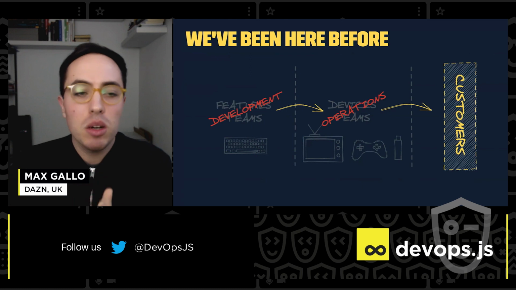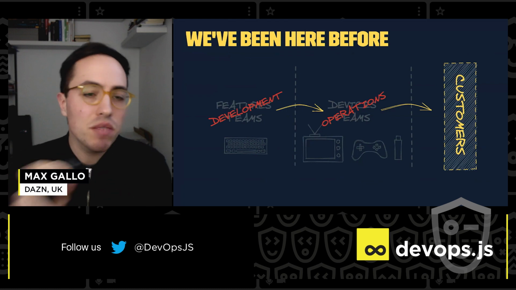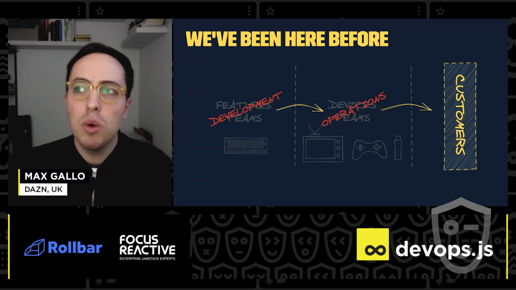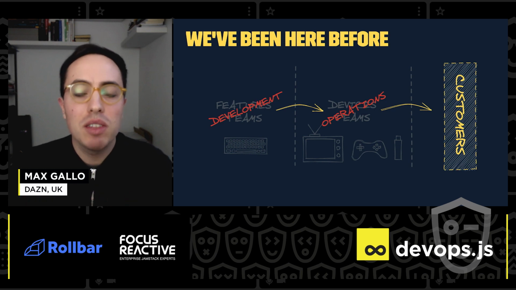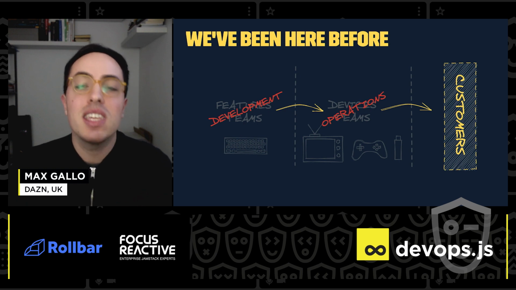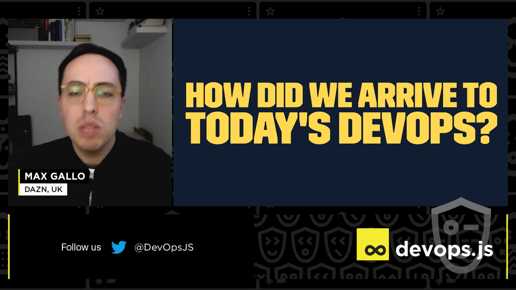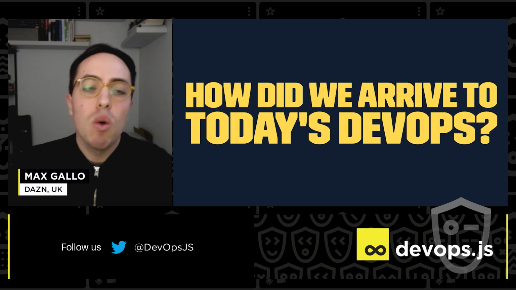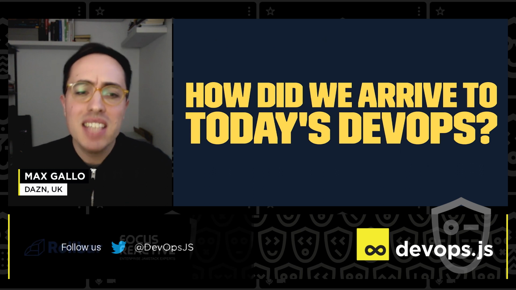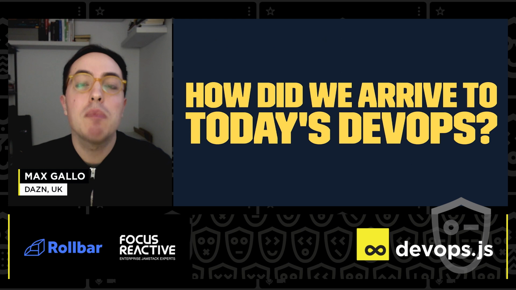And my real question here is that, okay, these are very similar, but how did we arrive at the DevOps that we know today? So we improved a lot in the last 10 years, but how did we arrive at what we know as today's DevOps? And I think there are many contributing factors, one of which is, for me, abstractions.